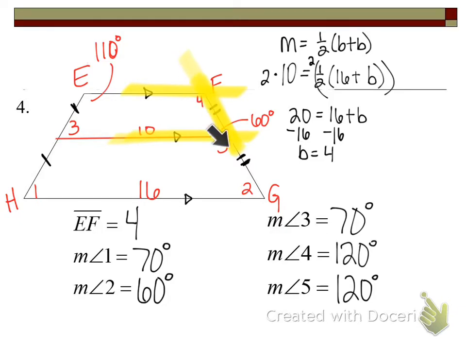Or 4 and 2 would be consecutive interior. 4 and 60 are consecutive interior. You have options about which bases you focus on, or which parallel lines, the bases or the median. Do we have questions about number 4? That one gets a little tricky.